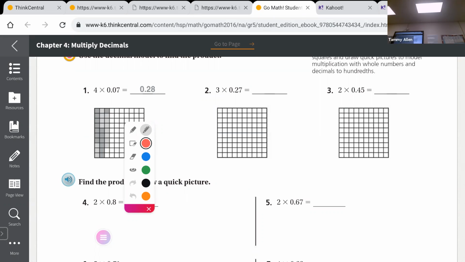We take a look at number 2, we went in 3 groups of 27 hundredths. 3 groups of 27 hundredths. That means that we should have shaded in 27 three different times.